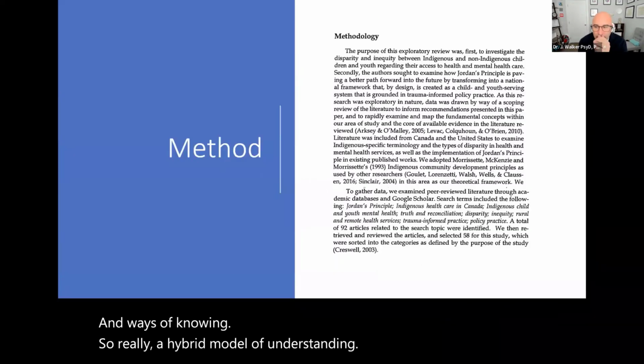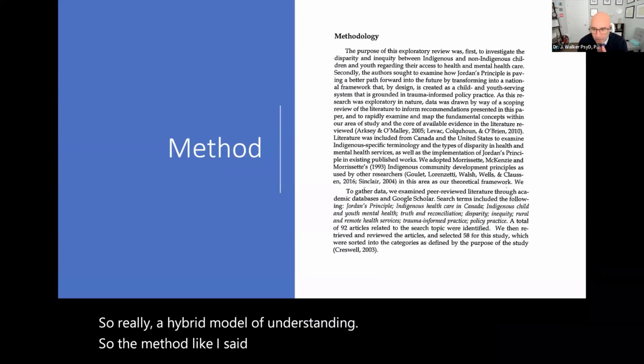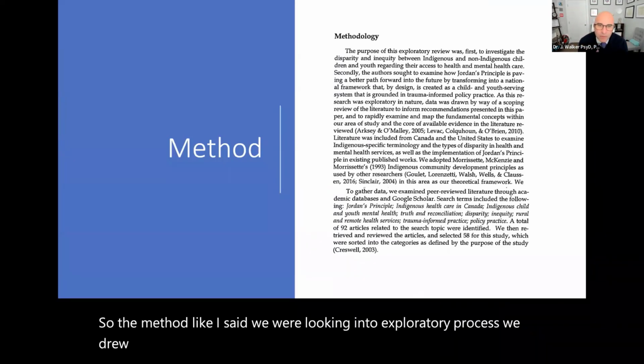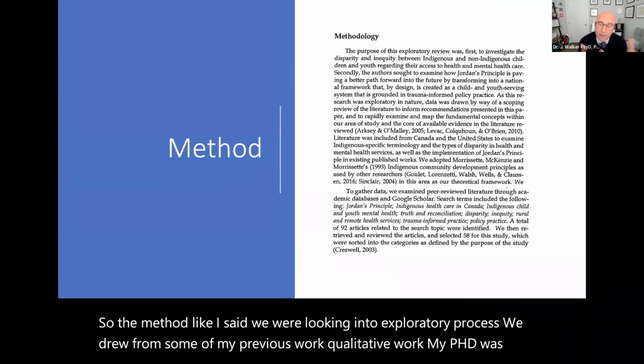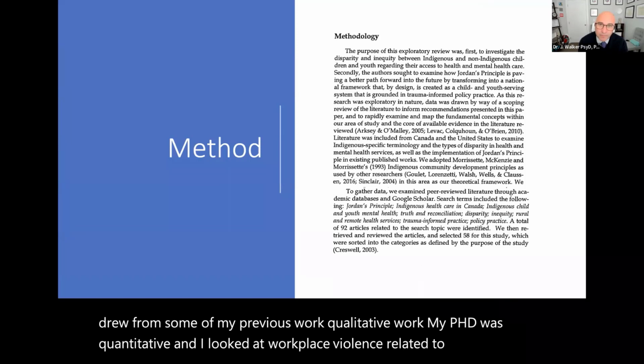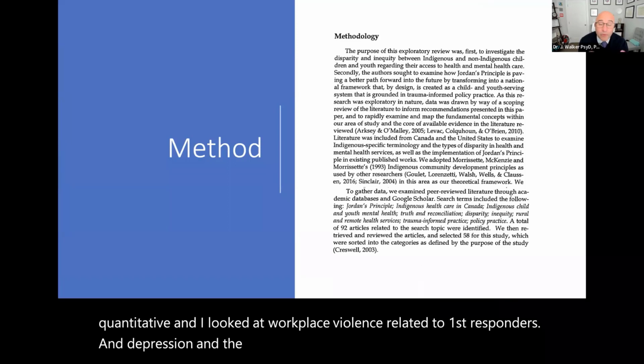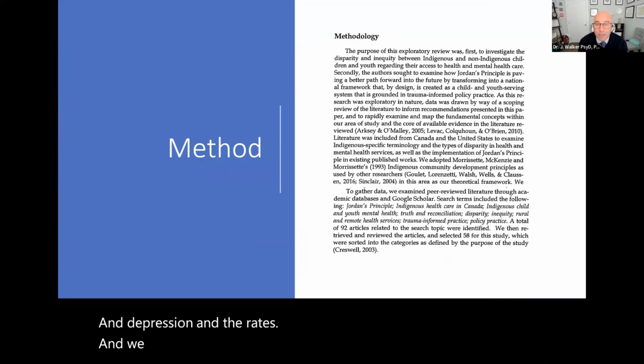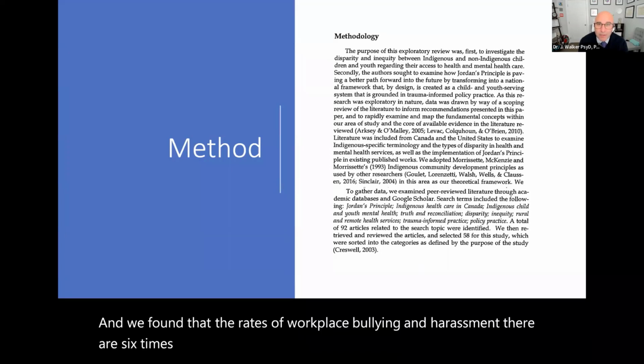So the method, like I said, we were looking at an exploratory process. We drew from some of my previous work, qualitative work. My PhD was quantitative, and I looked at workplace violence related to first responders and depression and the rates. And we found that the rates of workplace bullying and harassment are 6 times higher among first responders.